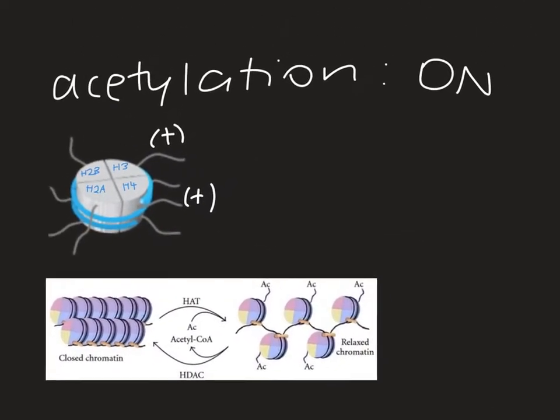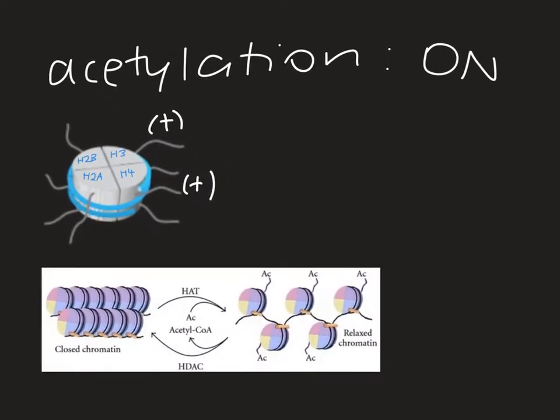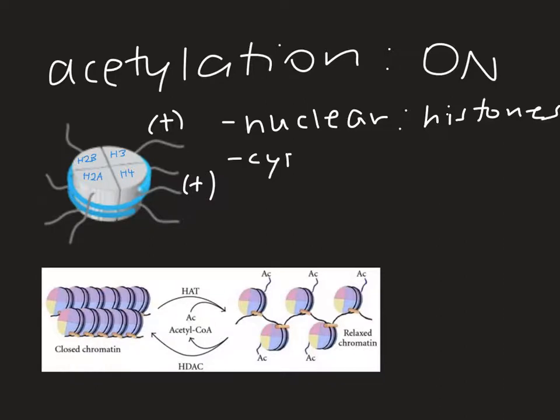There are two types of HATs and HDACs. There's the nuclear A type, which targets histones, and the cytoplasmic B type, which targets non-histone proteins.